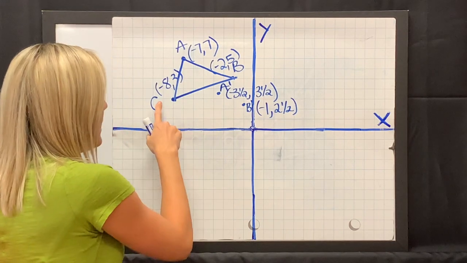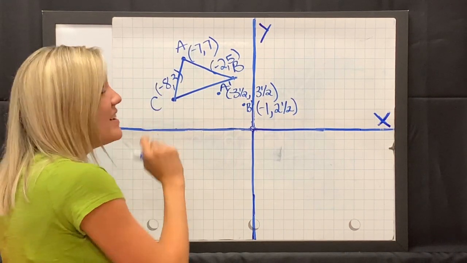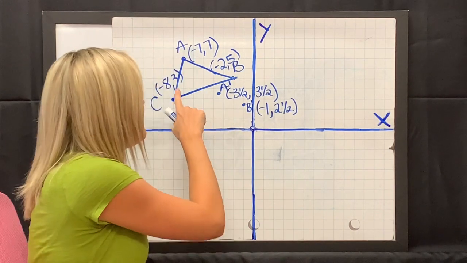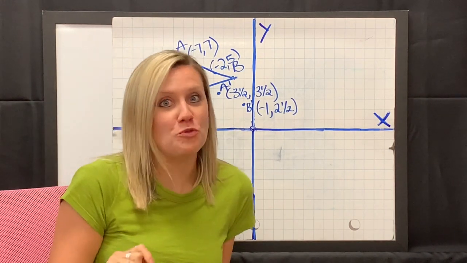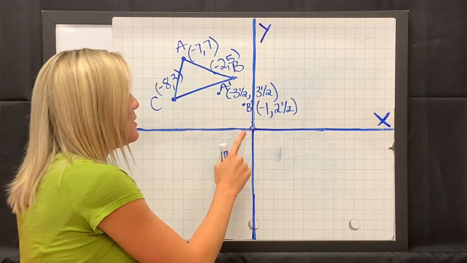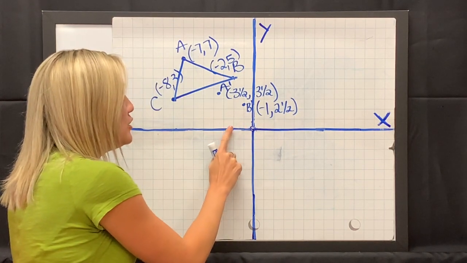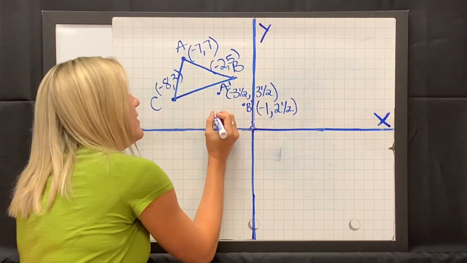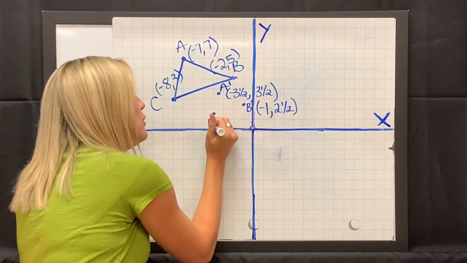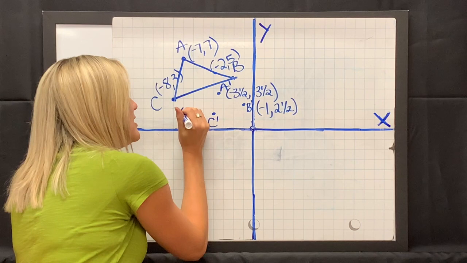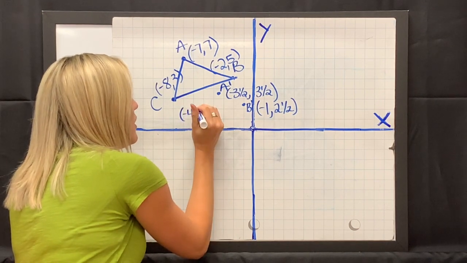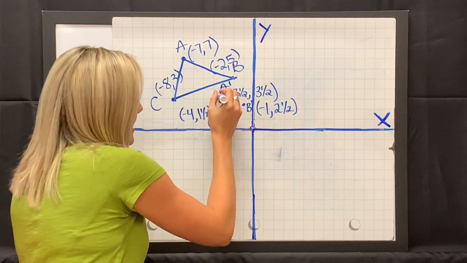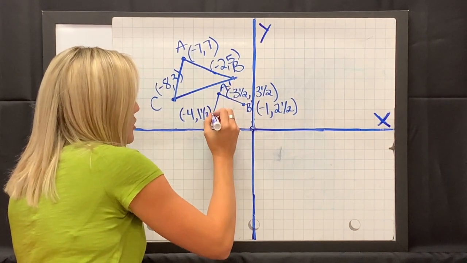Okay, and then my new C, half of -8 is -4, and half of 3 is 1.5. So I'm gonna go left 4, 1, 2, 3, 4, and then I'm gonna go up 1.5. And here is where my new C should be. So -4, 1.5, and then I'm going to connect these and make my triangle.